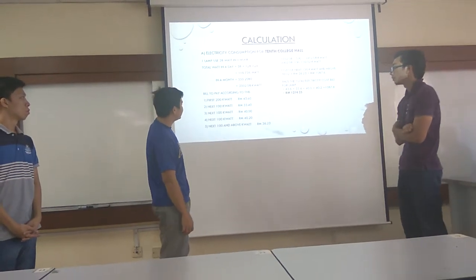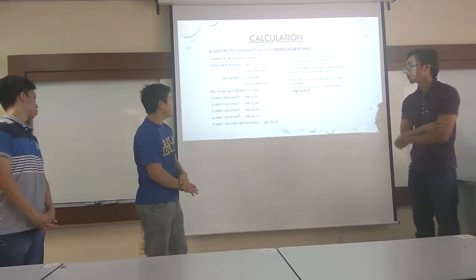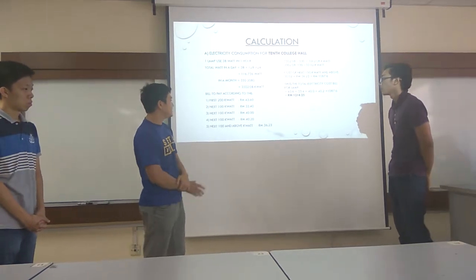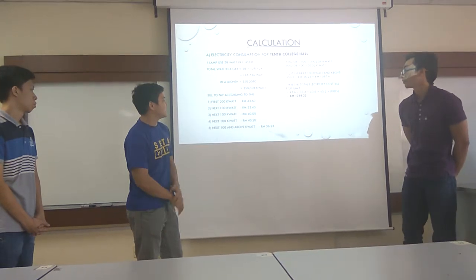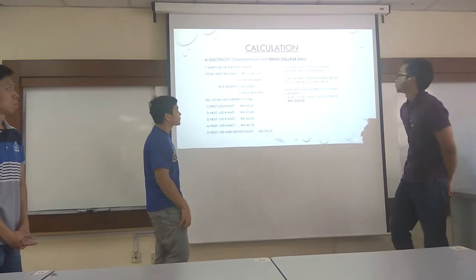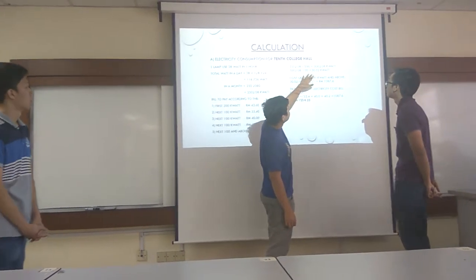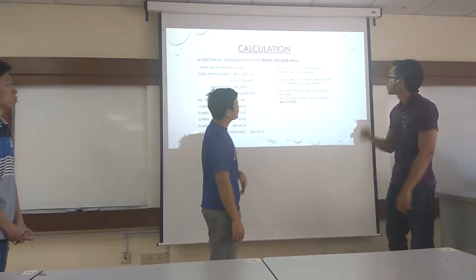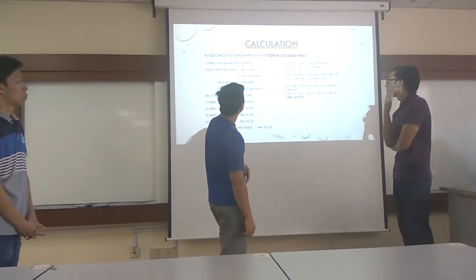And lastly, we do the fifth part, that is for every 100 kilowatt of energy, it will be calculated as 36 ringgit 23 cents. So this is the total cost for the first calculation.